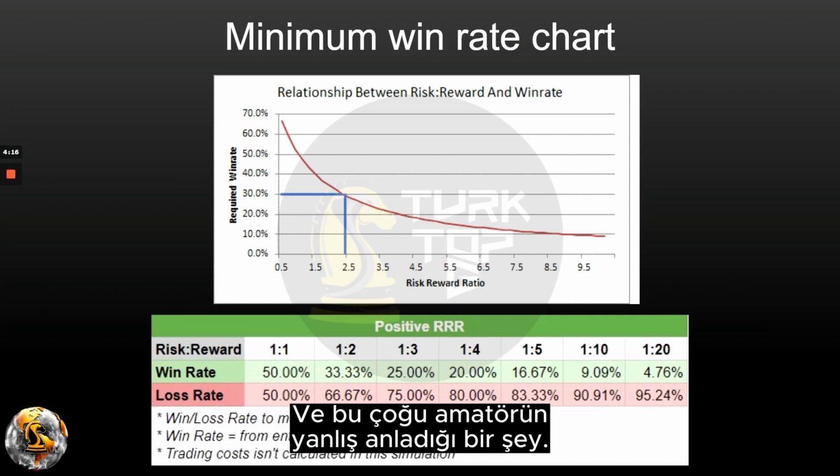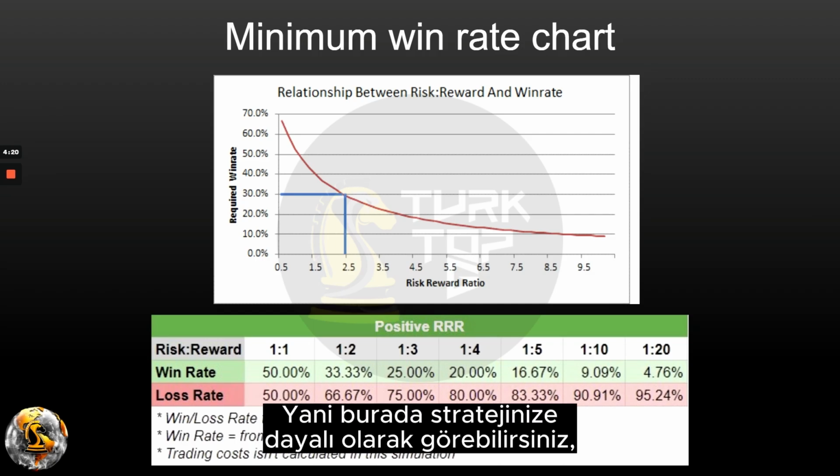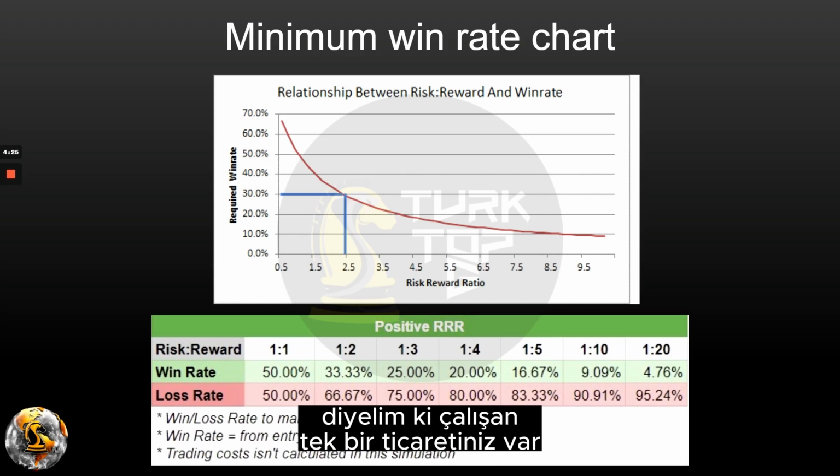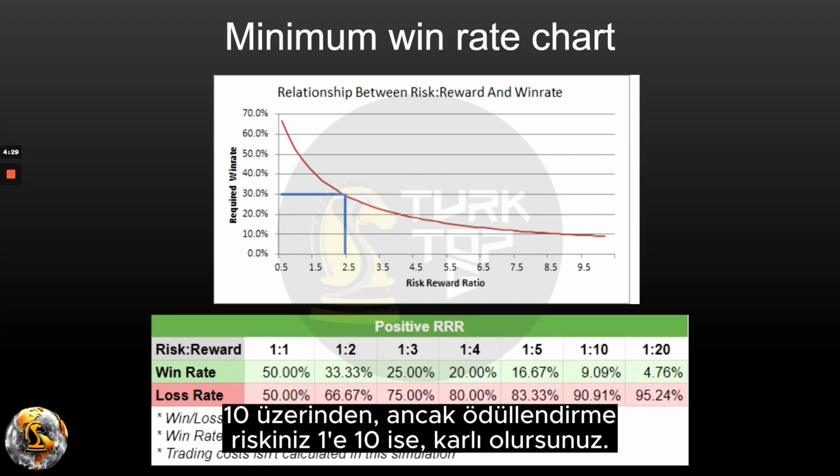And that's something that most amateurs get wrong. So here you can see, based on your strategy, if let's say you only have 1 trade working out of 10, but if your risk to reward is 1 to 10, you will be profitable.